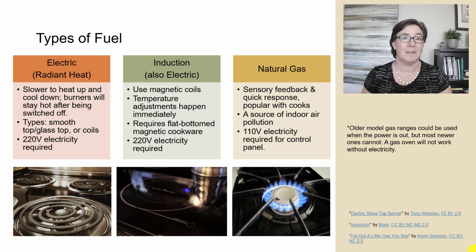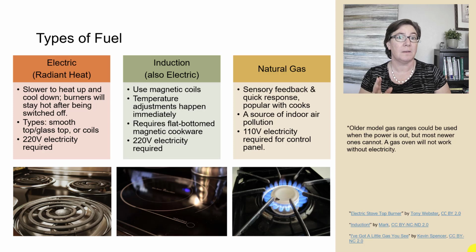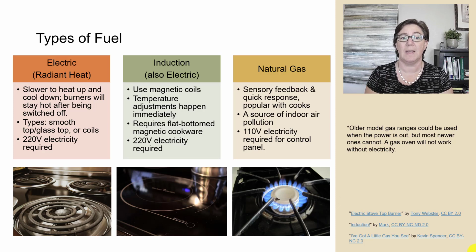And the first thing you need to ask yourself is, what type of fuel is my cooking equipment going to use? There's 3 main options. We've got electric, or also called radiant heat, induction, which does use electricity, but is not the same thing as radiant heat, right? And we've got natural gas.